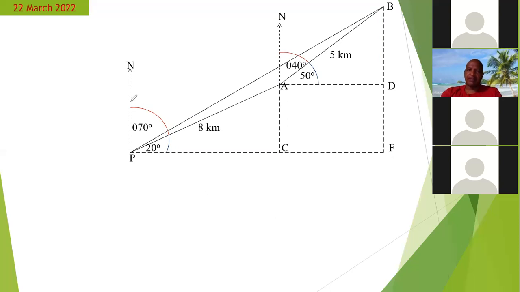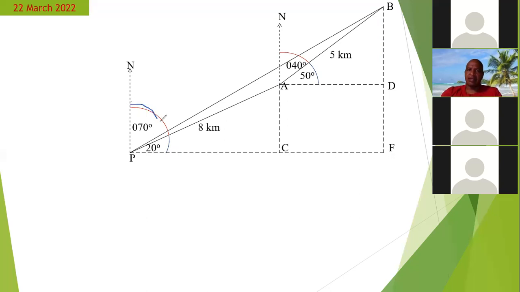Now the bearings would have to be from the north line to the line of PB. So we also have that to calculate, guys. We have not done the calculation for the bearing yet, but we have been working on the calculation for the length of PB.